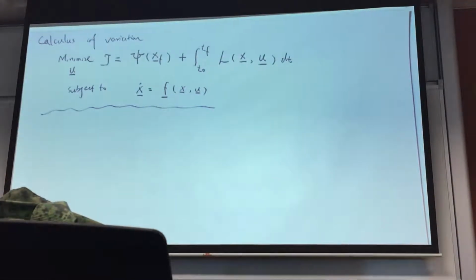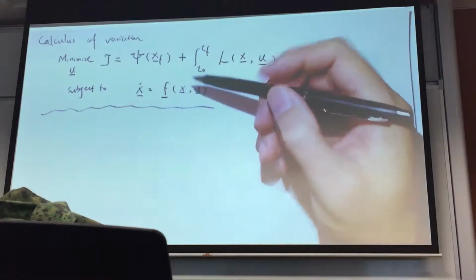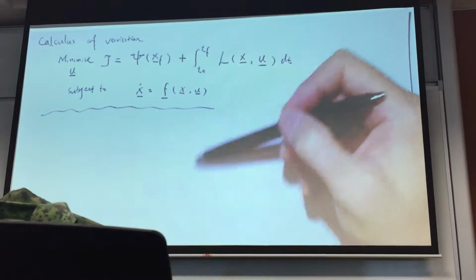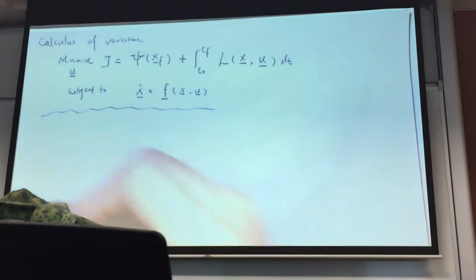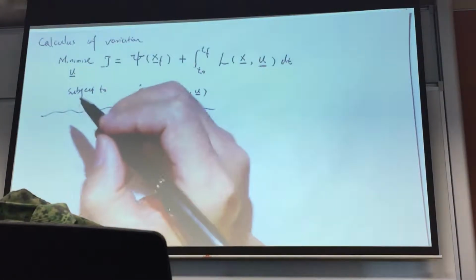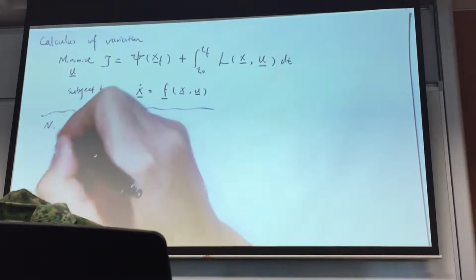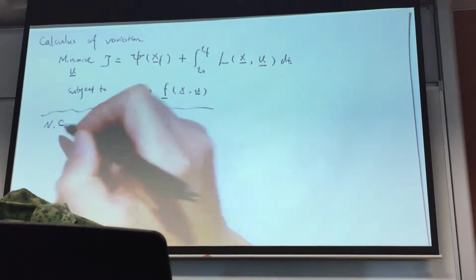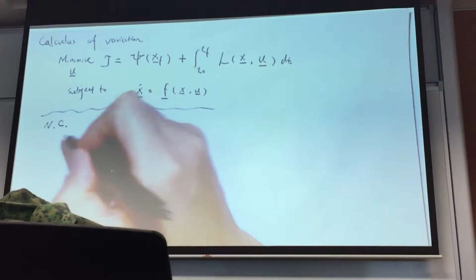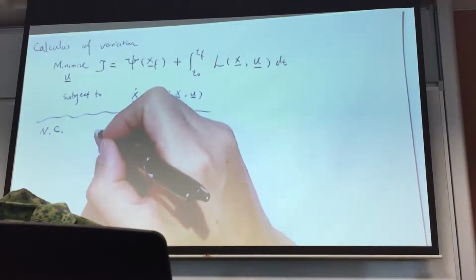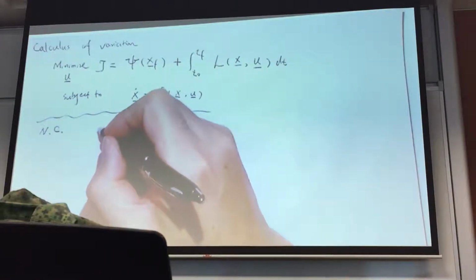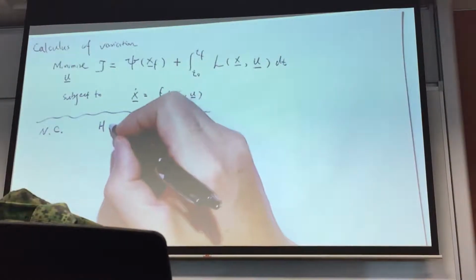As for the solution to this problem, in the last lecture we made quite a lot of derivation, but as a conclusion, it's not so complicated. I would say the necessary condition is, firstly, we have to construct the Hamiltonian.